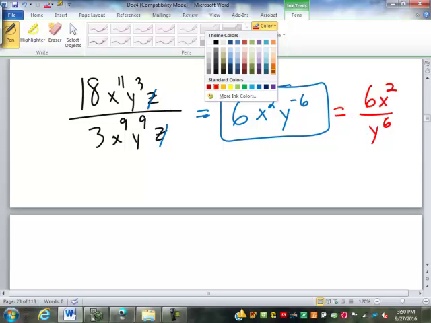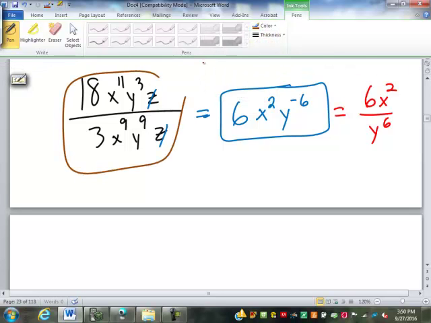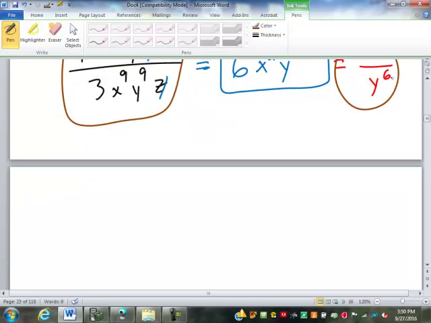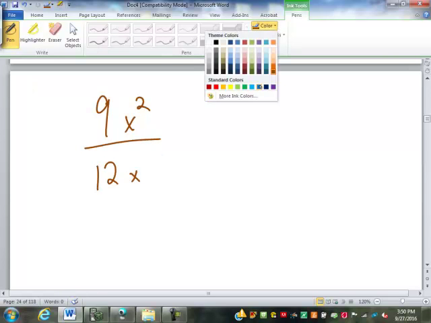There's an alternative way of looking at this. Rather than dividing it out and then converting our negative powers, we could look at it as simply reducing a fraction. So let's take something like 9x squared over 12x.